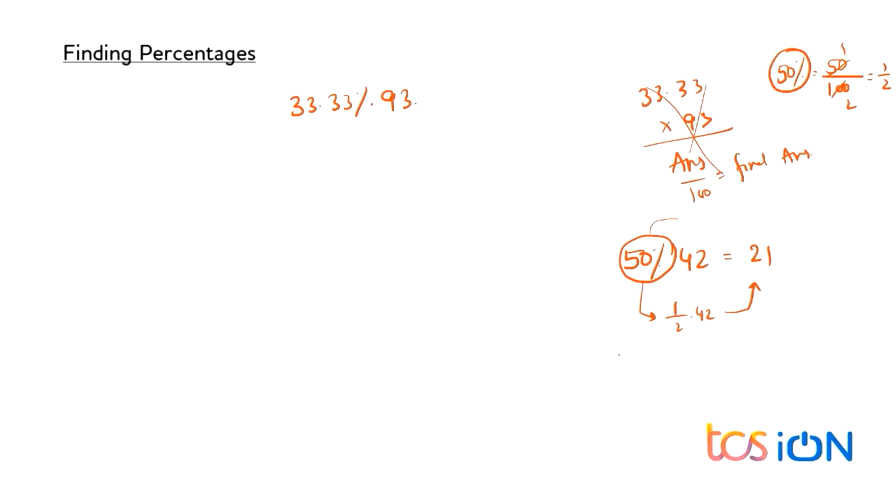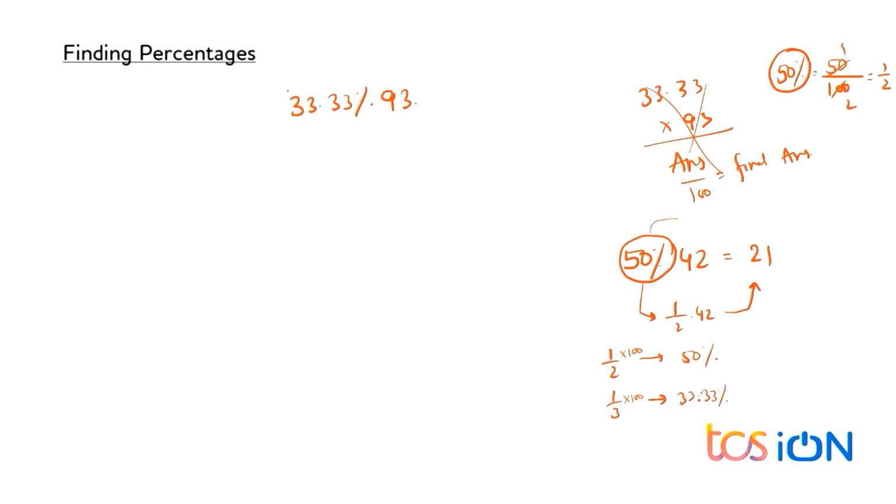Now, by the way, if 1 by 2 is 50 percentage, very simple, whenever you have fractions, just multiply by 100, you'll get the percentage. Then tell me what is 1 by 3 in terms of percentage. Most of you will be thinking 0.33, but no, in terms of percentage, it will be multiplied by 100. So 100 by 3 means 33.33 percentage.